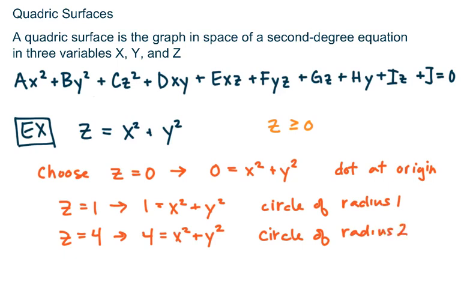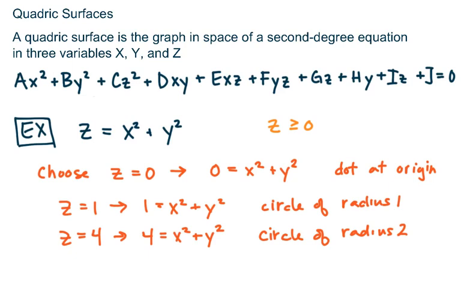Remember, these circles are in the xy plane, and as we move up along the z-axis, these circles begin having increasingly larger radii. So that's the idea. We think about what we can identify, and what these trace shapes are.